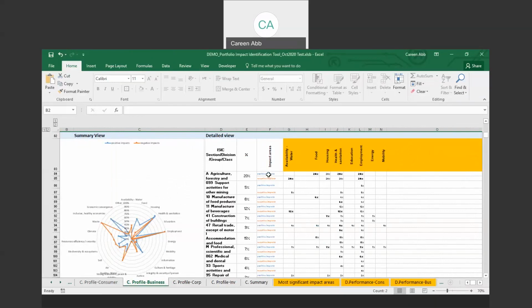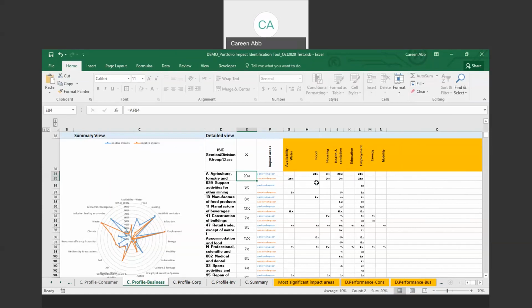So you have for each sector a first line showing you positive associations and a second line showing you negative associations. The figure that sits under these different impact areas is simply a reflection of the figure you have here, i.e. the proportion of business that is in this sector.